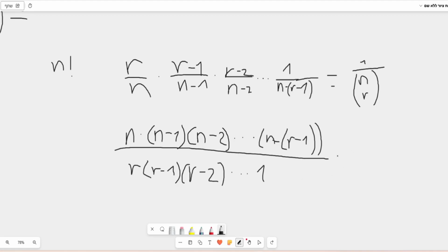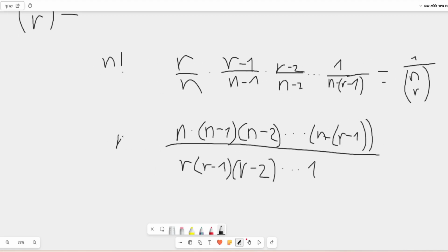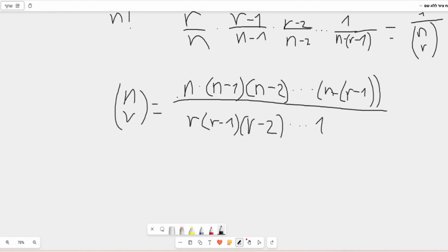How can we express this more easily? We want to find the choose function, so I'll put it on the left side, just so it will be a bit more organized.